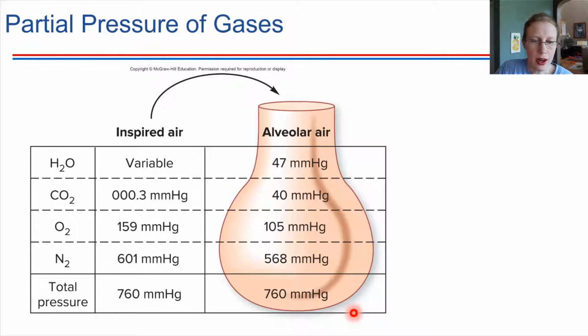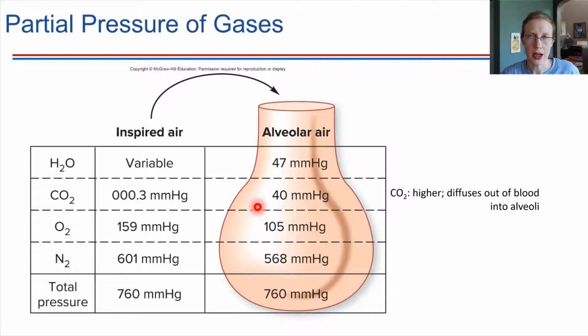Okay, so when we breathe air in, let's focus in on oxygen for just a moment, and CO2. Those are kind of like the two key gases that we are concerned with right now. So carbon dioxide is kept in very low concentrations in the air around you, right? There's not very much carbon dioxide. Plants are doing a great job of photosynthesizing. Once gas exchange takes place, carbon dioxide concentration in the air is much higher, right?